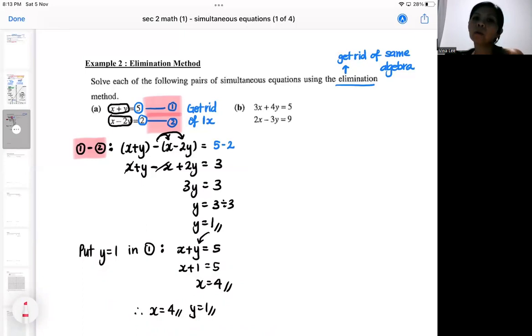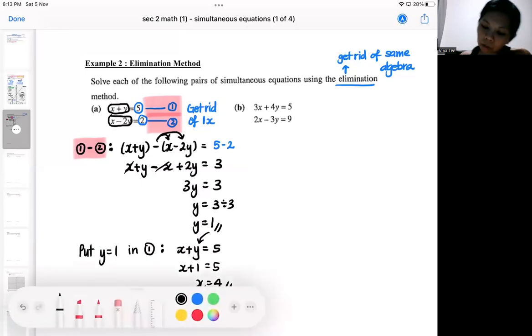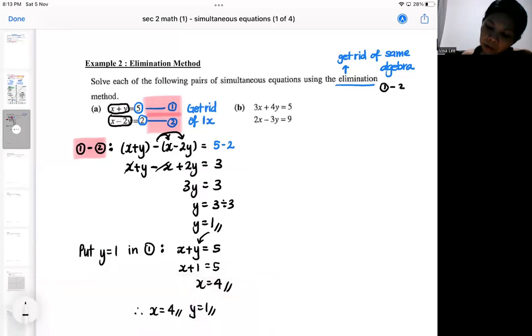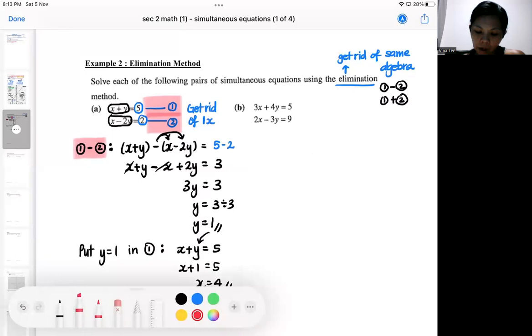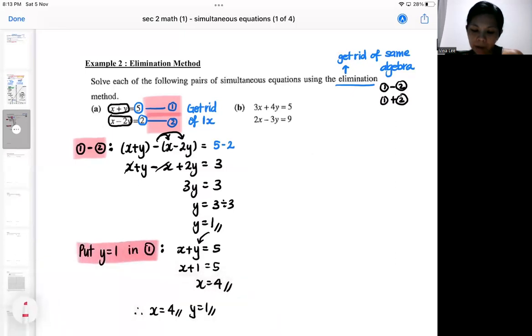Sometimes you do equation 1 plus equation 2. So you will either be doing this or this. You will need to show me, are you doing equation 1 minus equation 2 or equation 1 plus equation 2? And then you need to tell me, where are you putting back?